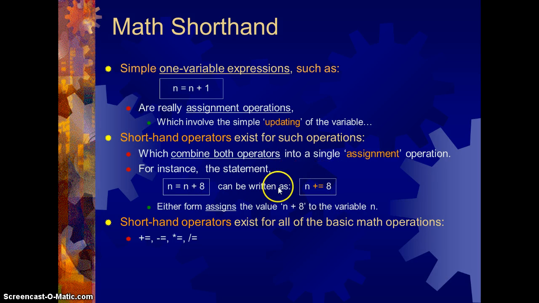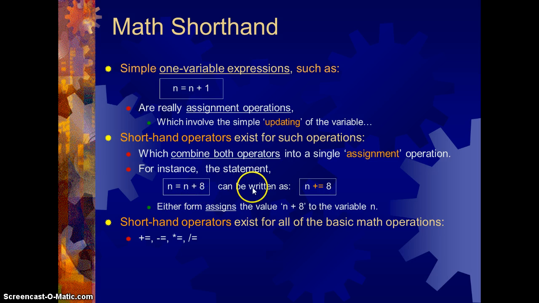Okay, so you need to get used to this, at least to be able to know what it means. It means take n and add 8 to it to create a new n. So we say we're incrementing n by 8. Same thing here, we're incrementing n by 8.